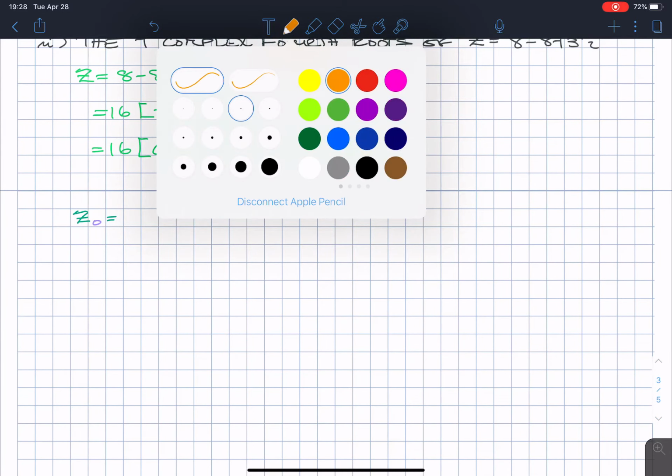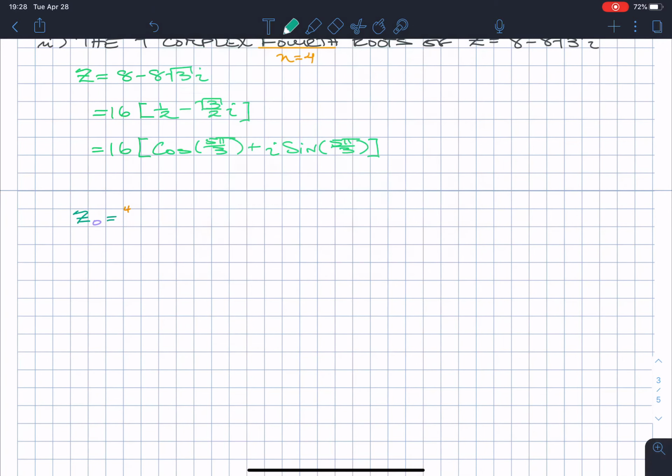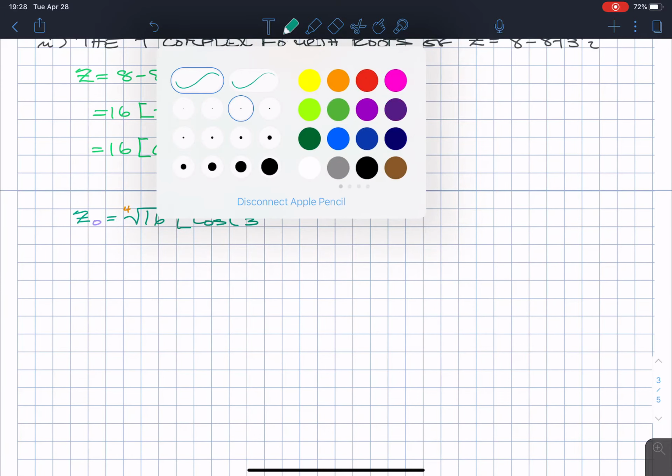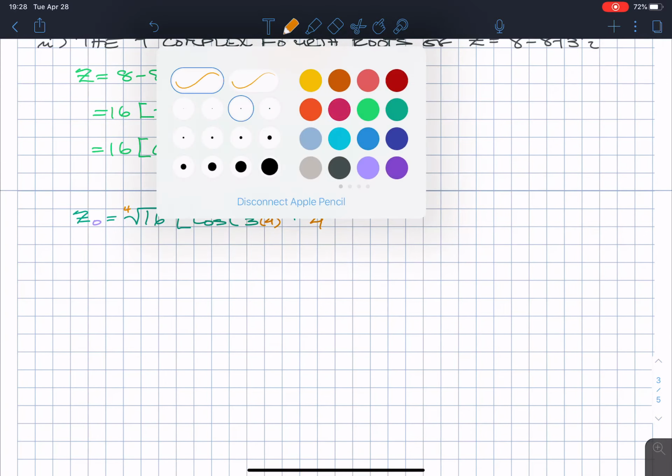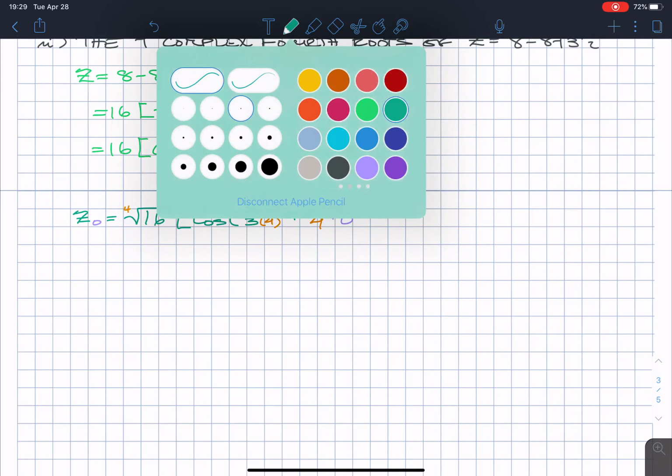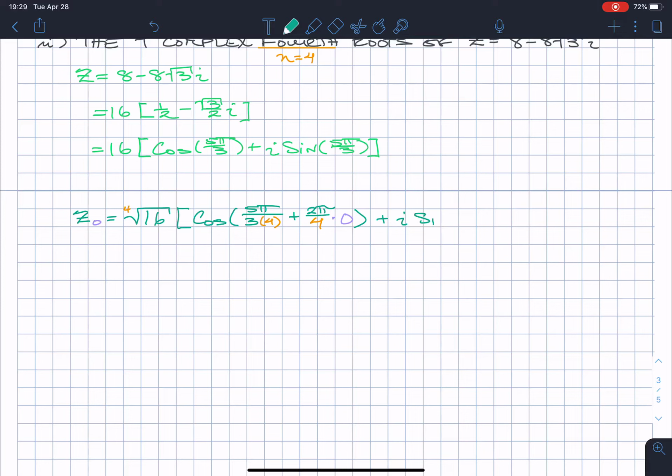The 4th root of 16 times cosine of my angle, 5 pi over 3 divided by n, which is 4, plus 2 pi divided by n, which is 4, times this first subscript, which is 0, plus i times sine of that same thing, so 5 pi over 3 divided by n, which in this case is 4, plus 2 pi over n, which in this case is 4, times the subscript for this first guy, which is 0.